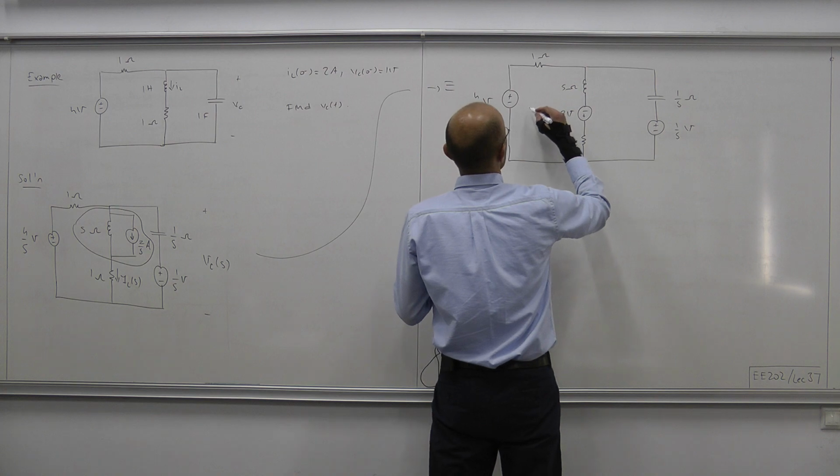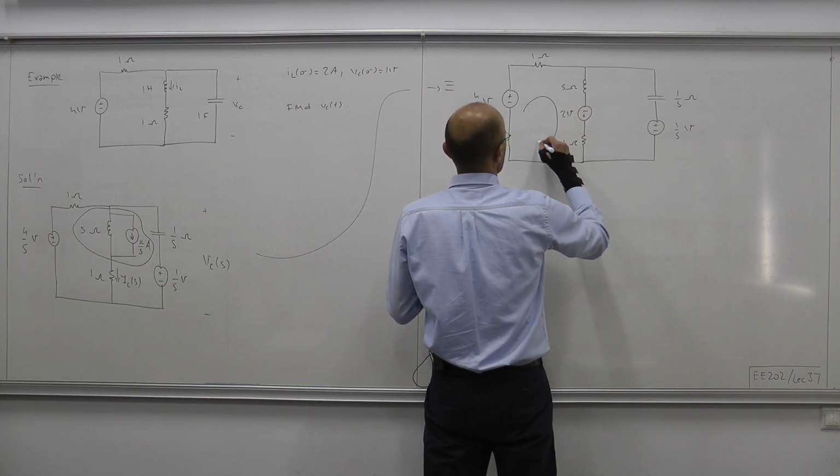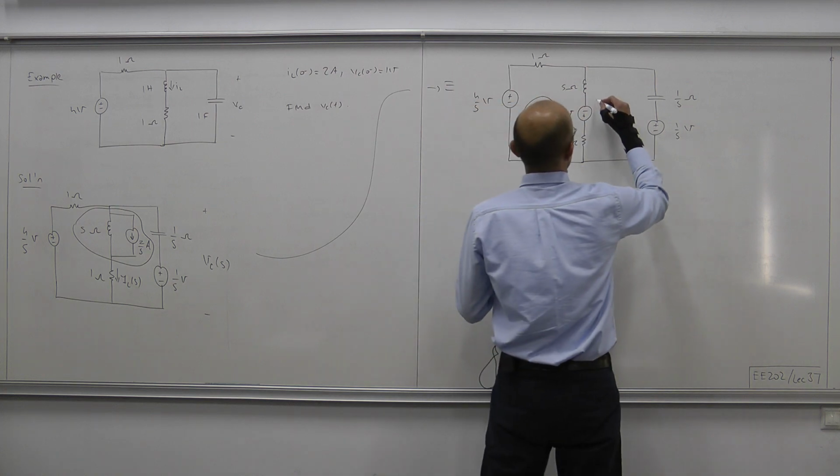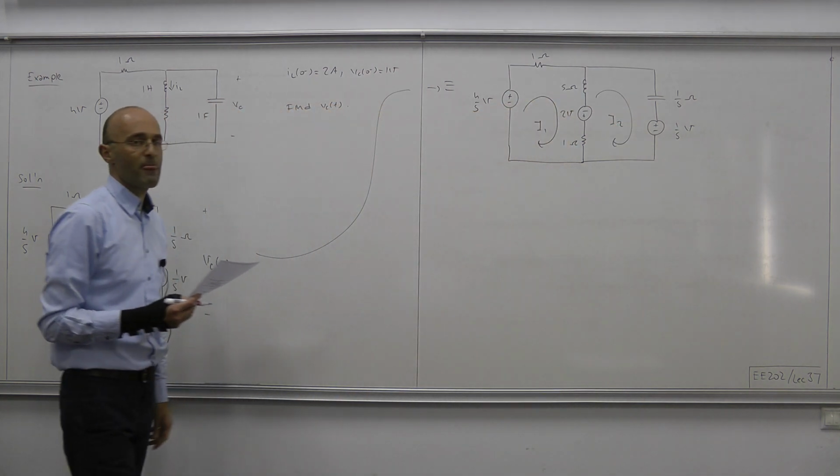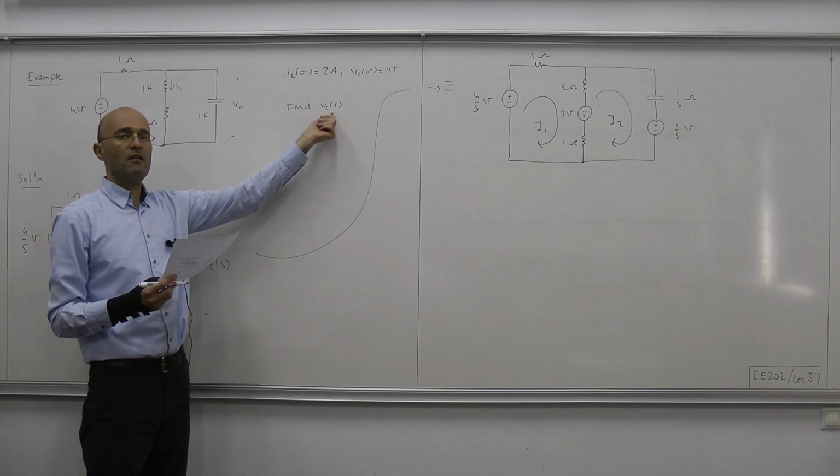So let this be our first mesh current, and let this be the second mesh current, I1 and I2. What we're asked for is Vc of t.